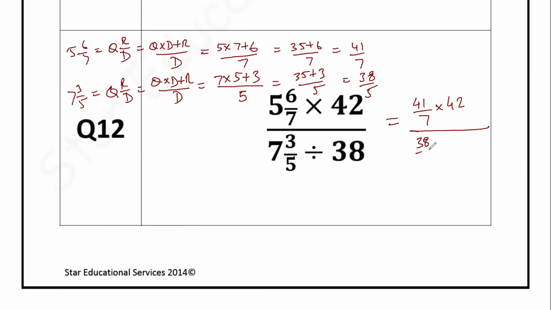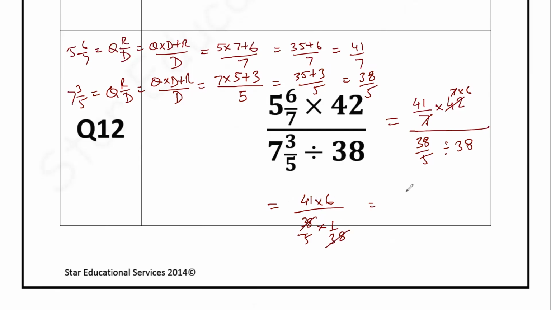So that is 38 by 5 divided by 38. So I know I can simplify 7 and 42. This is 7 times 6. So I can write down 41 because 7 cancels, times 6 upon. I'll flip this part, 1 by 38.